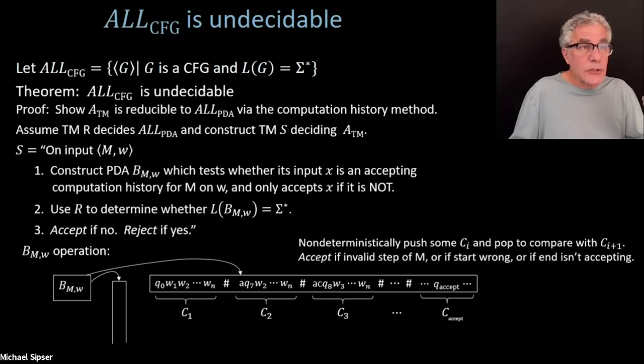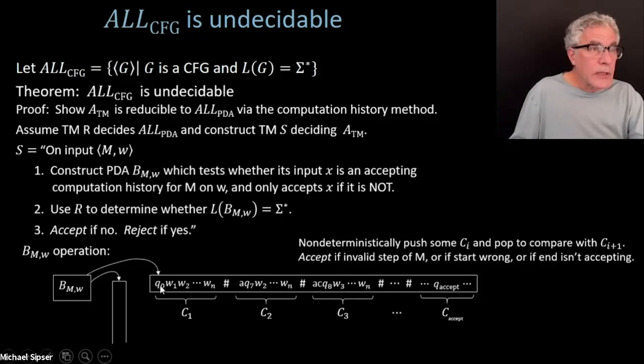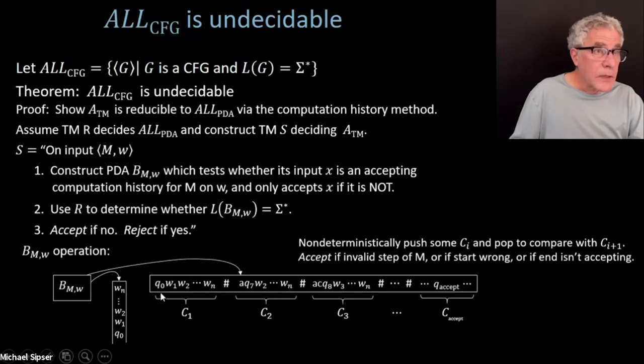Now I'm going to illustrate that here. We're going to read this thing here and put it onto the stack. So this thing moves over to here, and this input got put onto the stack: Q0, W1, W2. You see that first configuration is now sitting on the stack. Now, as we pop it off, we're going to match it with the second configuration.